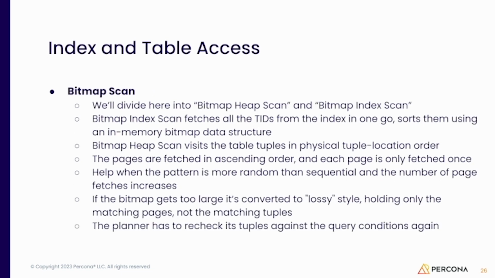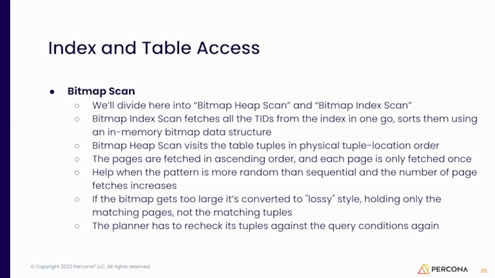Move on. Almost done with indexes. In the table access, we have the bitmap scan. Remember that I asked, what happens if we need to select some information from the table that has a lot of results? It's not efficient for an index, right? Because it needs to go to the index, get one ID, go to the table, go back to the index, get one ID, and go to the table. It's not efficient. So to solve that problem, Postgres does what they call a bitmap scan.